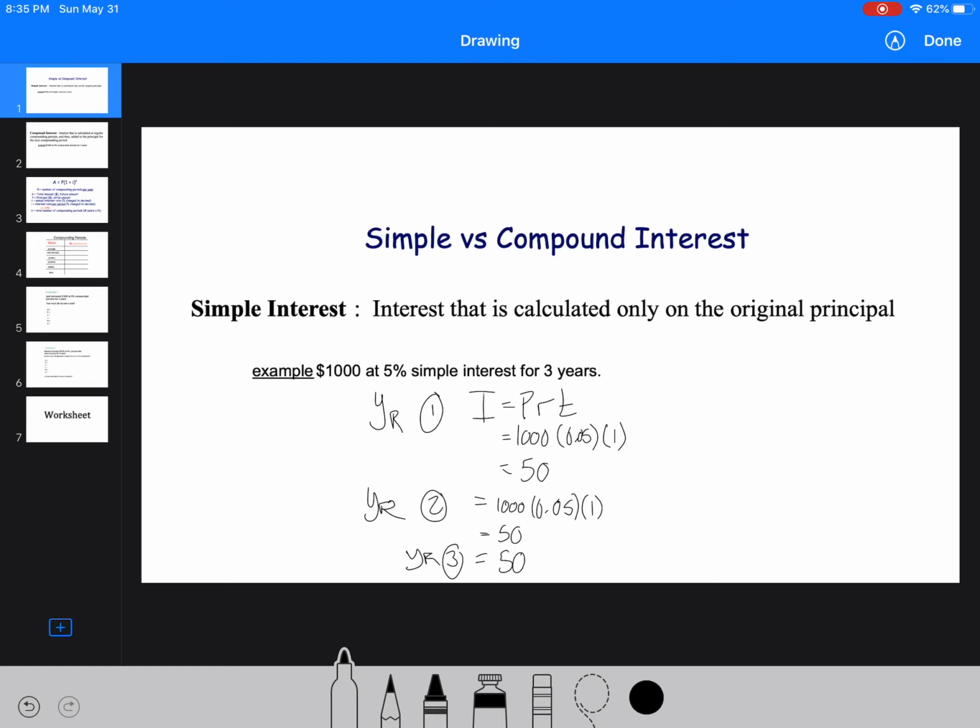If we were to do this over 3 years, we could do it like this: I equals PRT. We have 1,000 times 0.05 times 3, and that's going to be $150. That's pretty easy to see, since each year you're earning $50 using that simple interest formula.